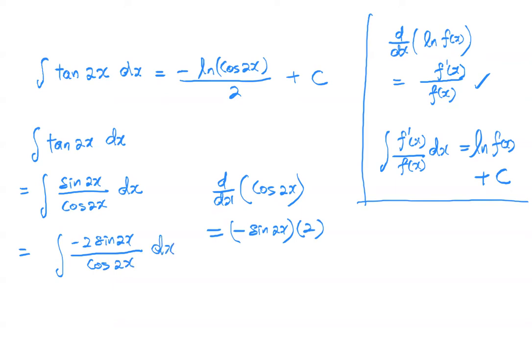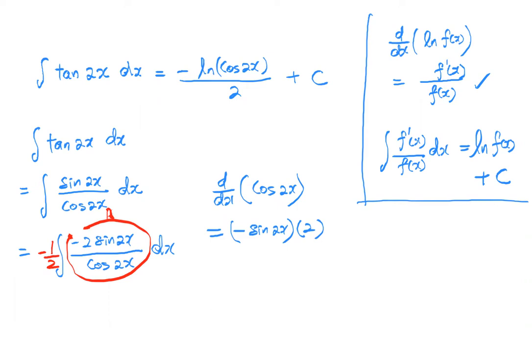But is this equal to this? No. So what should I do with the whole thing? I should divide by negative 1/2. Am I right? So when I modify like that, isn't it this and this are the same? So that is called modify.